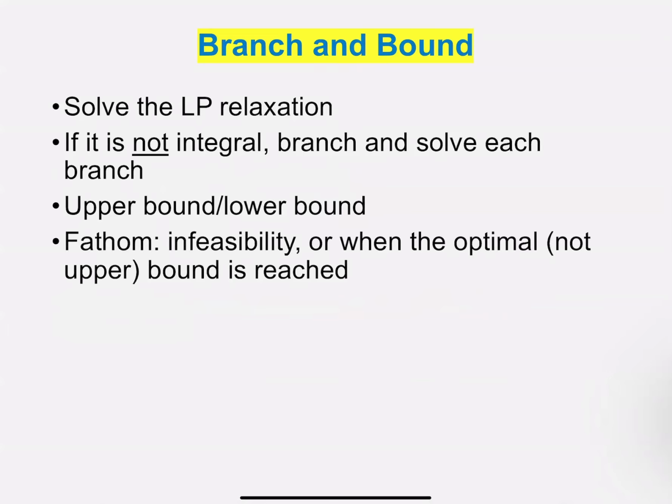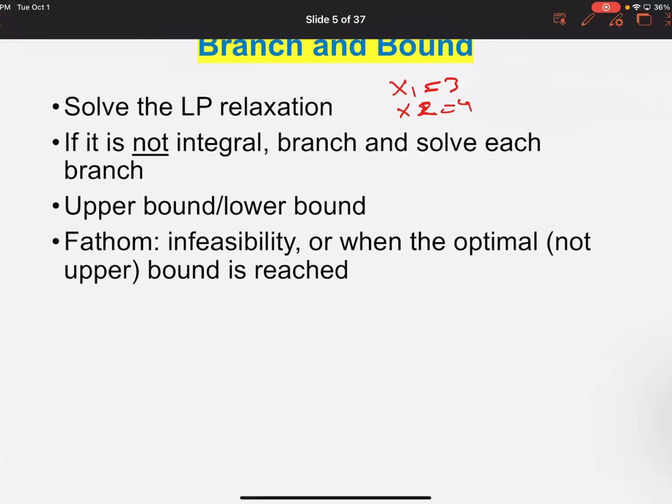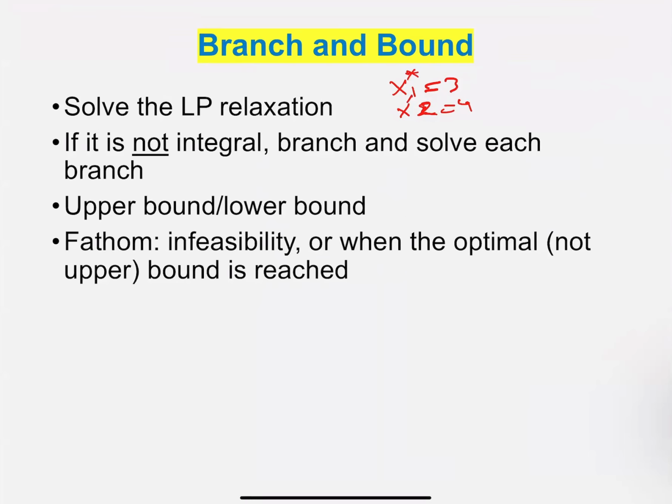So branch and bound, the general procedure is that first you solve the LP relaxation version of your problem. When you do that, it's going to have some solution. For example, x1 equals 3, x2 equals 5. If it's integral, such as the problem I told you, x1 equals 3, x2 equals 4, in this case, the optimal solution is, in fact, all integer.